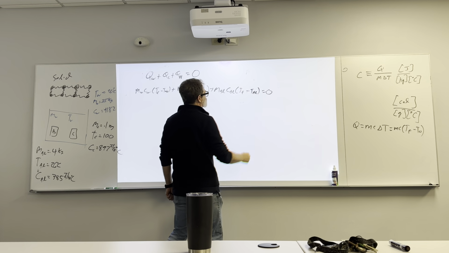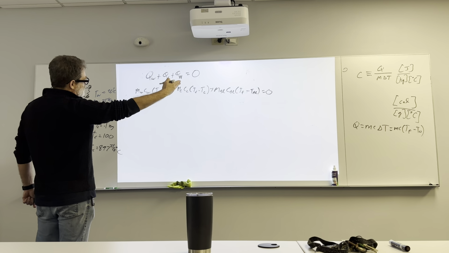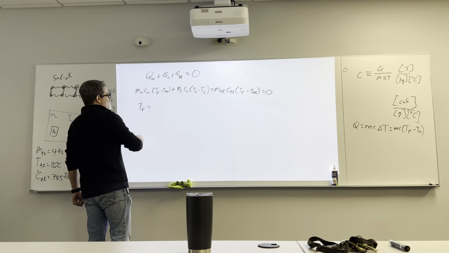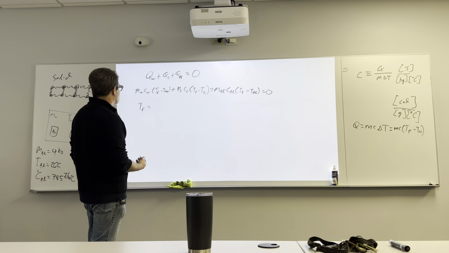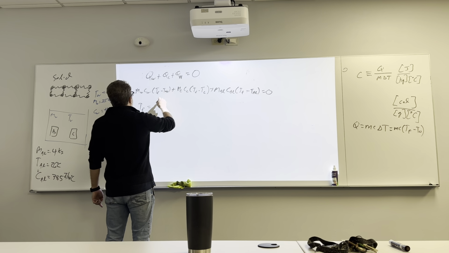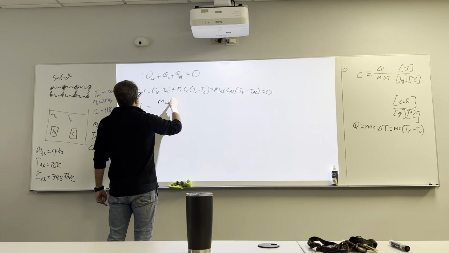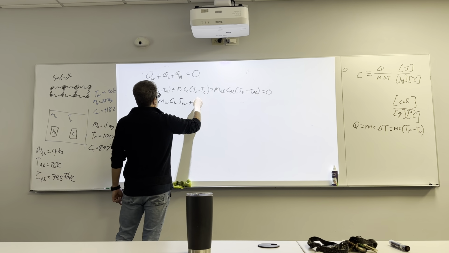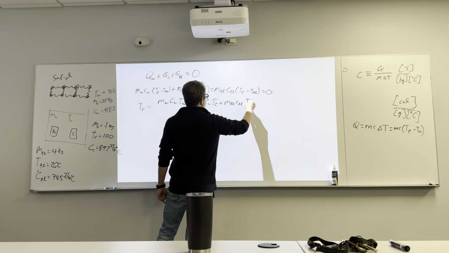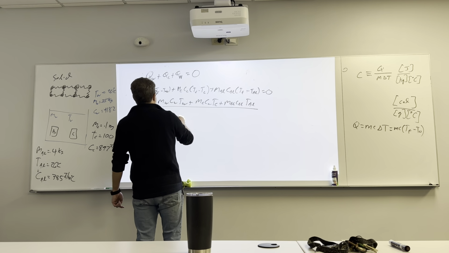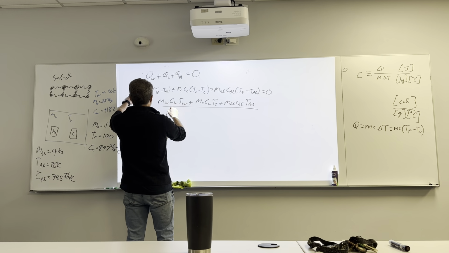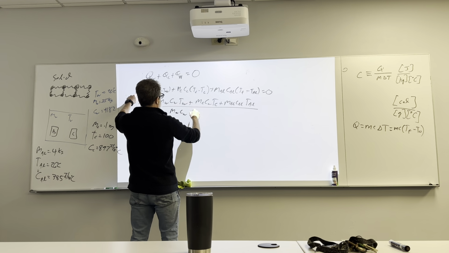It looks like it's gonna work out, because you're gonna factor out a T final. Okay, that turned out easier than I thought. So we have MW CW TW plus MC CC TC plus MAL CAL TAL, divided by the mass and specific heat of all of them.